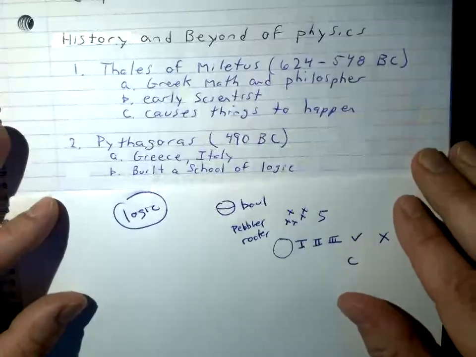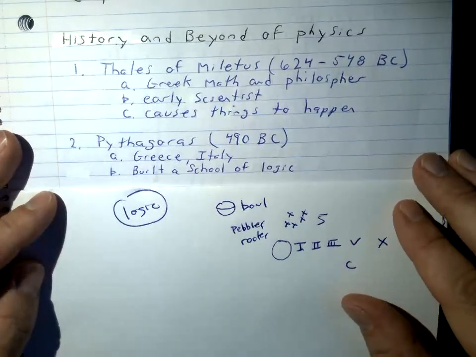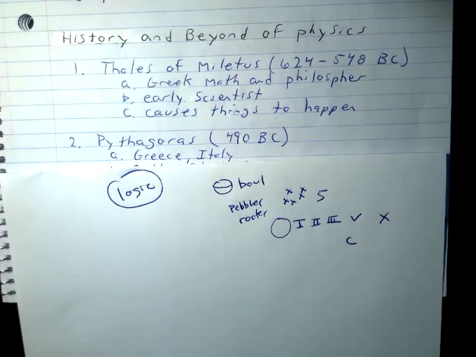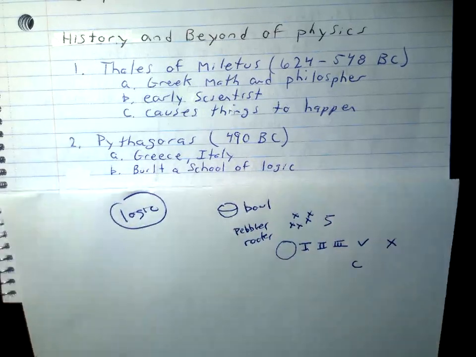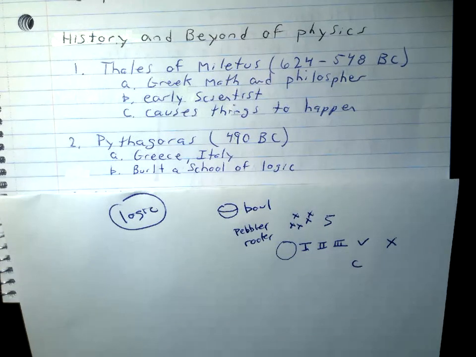So now the next thing, Pythagoras, Pythagorean identity, Pythagorean theorem. We don't know if he really proved it or not, but he was a mathematician in Greece and Italy, about 1490 BC, and he built a school of logic, and it was mostly male dominance that could enter the school.